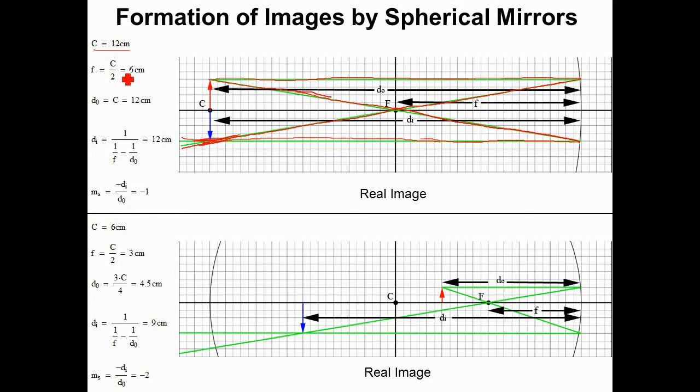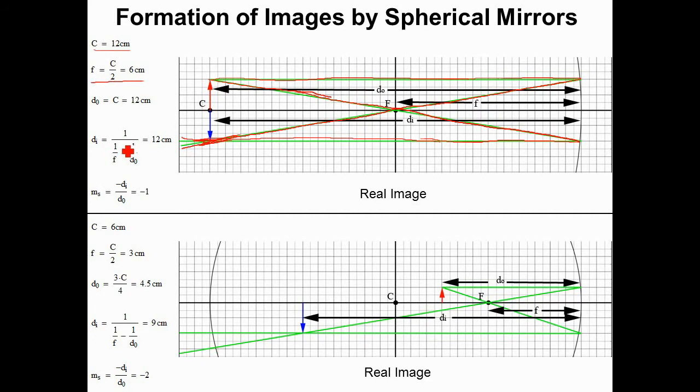I have the center is 12 centimeters. The focal point is 6 centimeters, just half of the distance to the center. My object distance is going to be equal to my center distance, which is 12 centimeters.